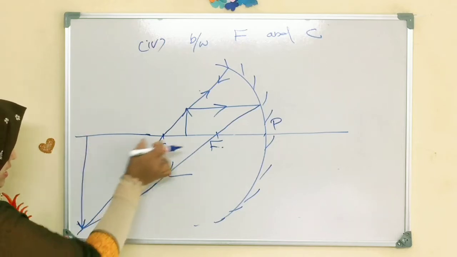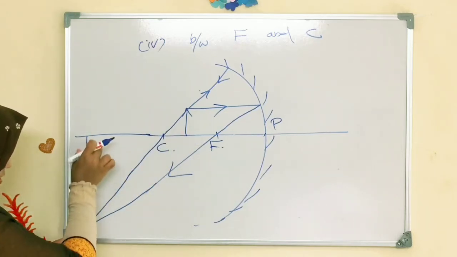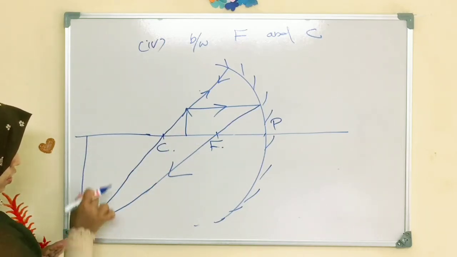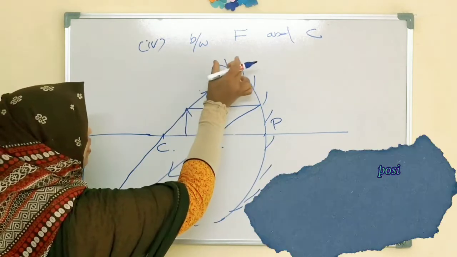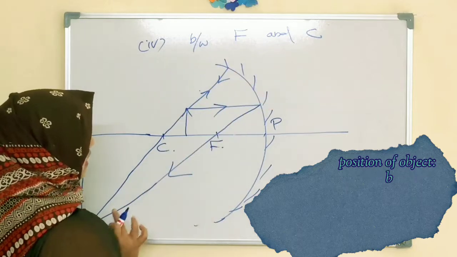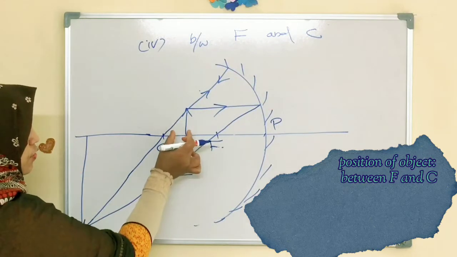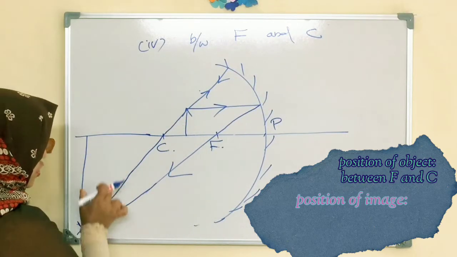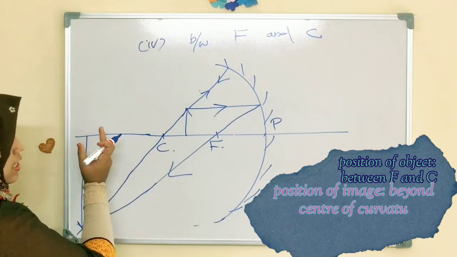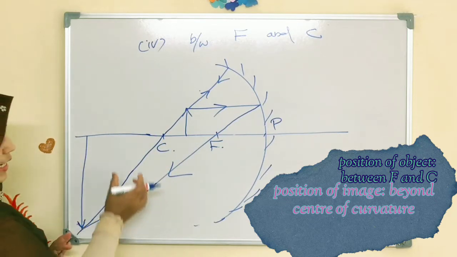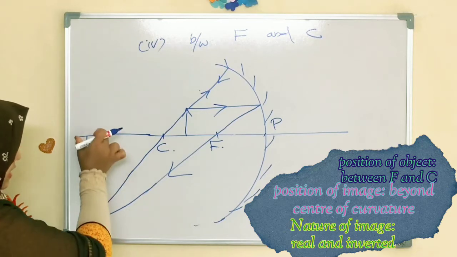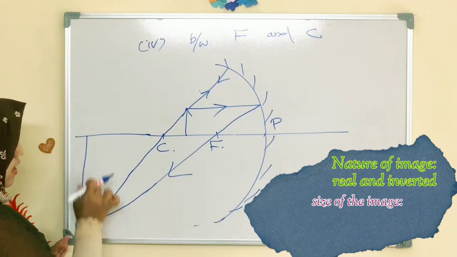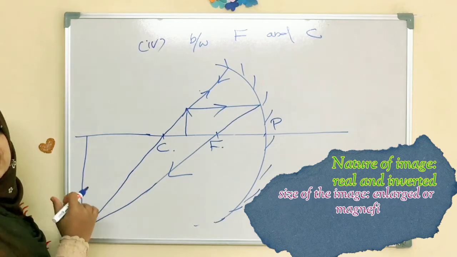That means this is an enlarged or magnified image. So we can write: position of the object is between F and C, position of the image beyond the center of curvature, nature of the image real and inverted, and the size of the image enlarged or magnified.